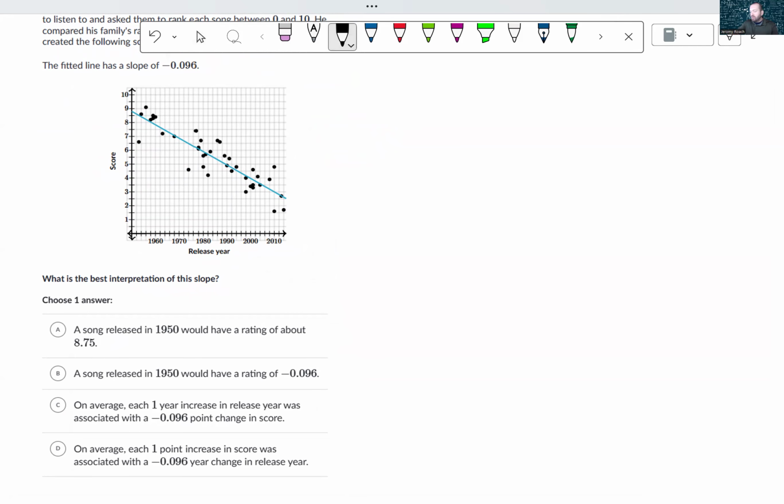Well, before we even look at our answer choices, I'm going to write what our slope is. So our slope is negative 0.096. And that is the rise over the run, which is the change in y over the change in x. And our y values is the score, or the change in the score, divided by our x values, the change in release year.